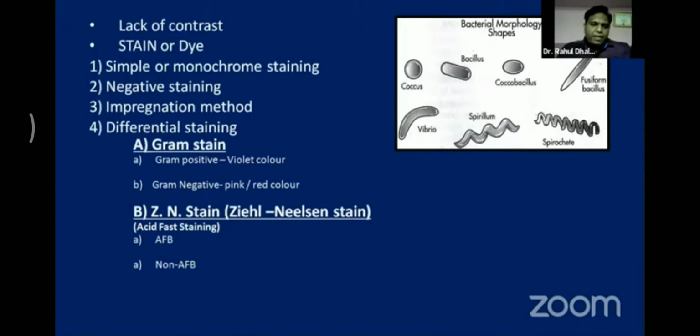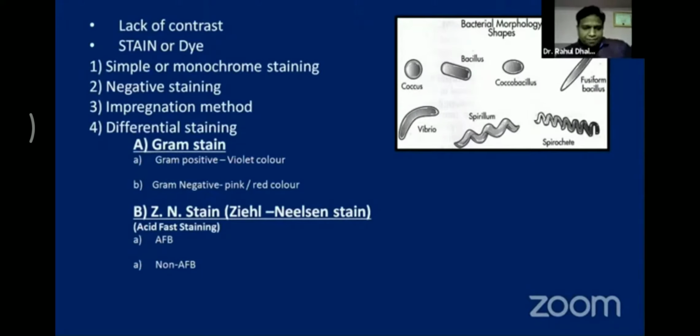After Gram staining, an organism observed in violet color is called Gram positive. When an organism is observed in pinkish red color, it is called Gram negative. The difference is that Gram positive organisms have a rigid cell wall and Gram negative organisms have a lipopolysaccharide cell wall.